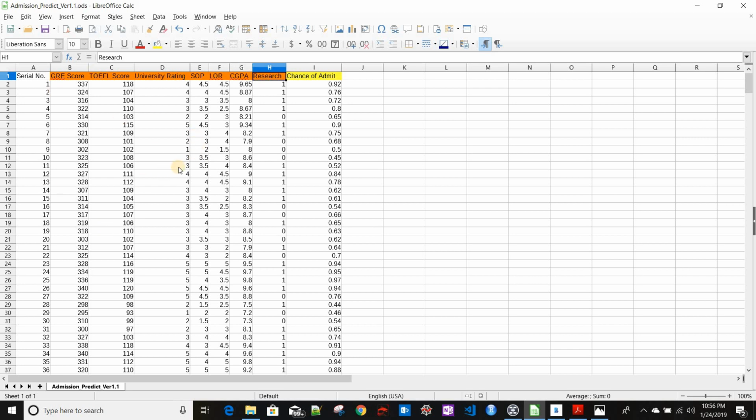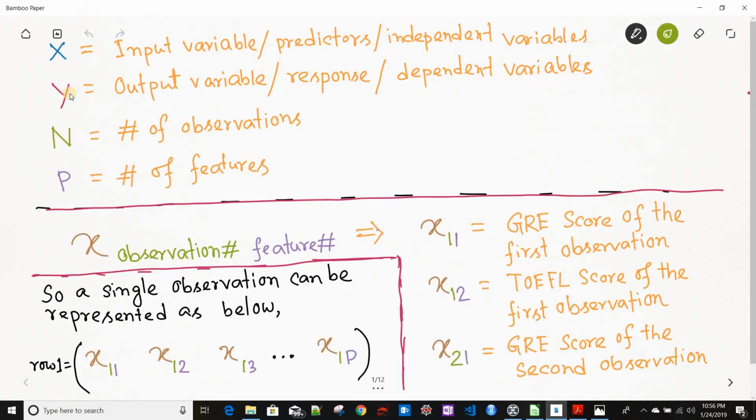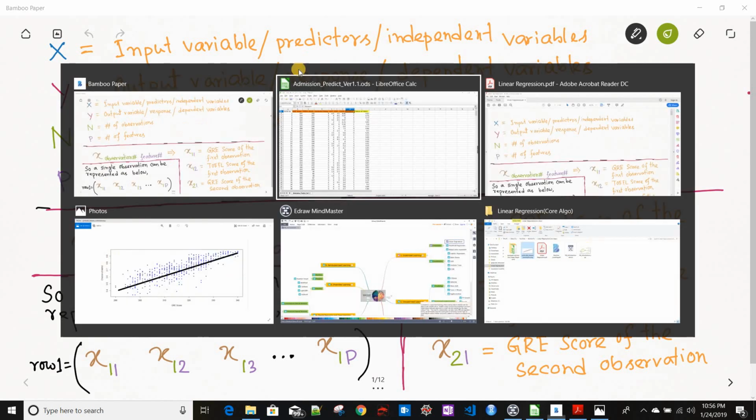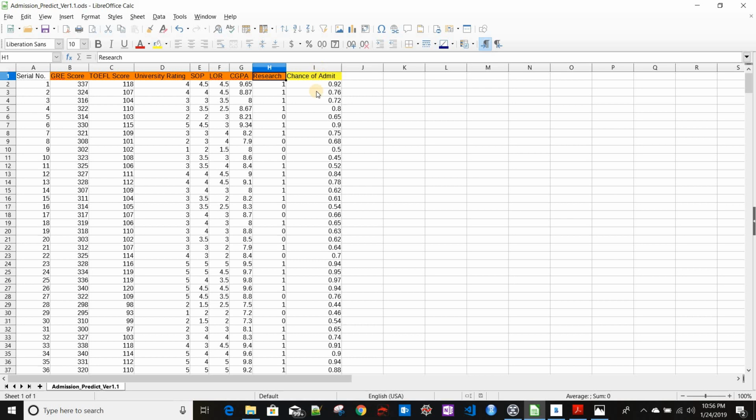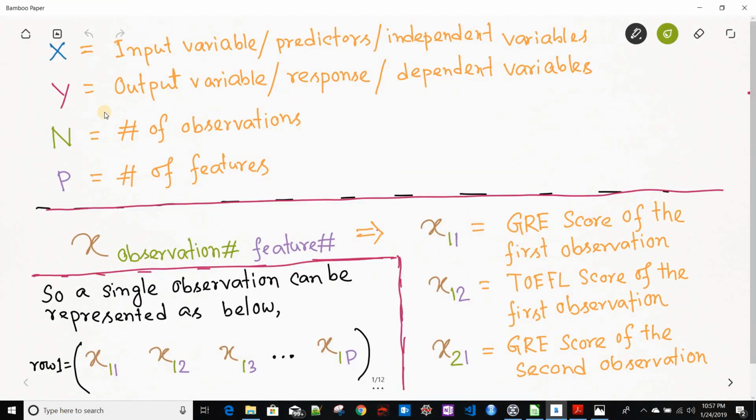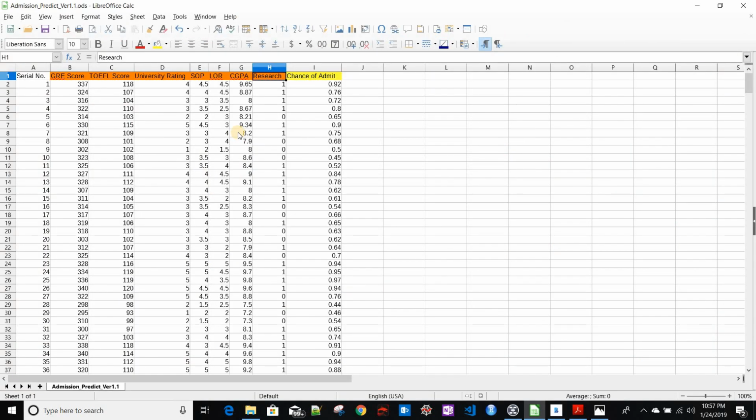And we will denote y as the output variable, or response, or dependent variable. In this case it will be our chance of admit, this column's values. Now we will say n is our total number of observations, that means the data which we'll be using for training purposes, the total number of records.